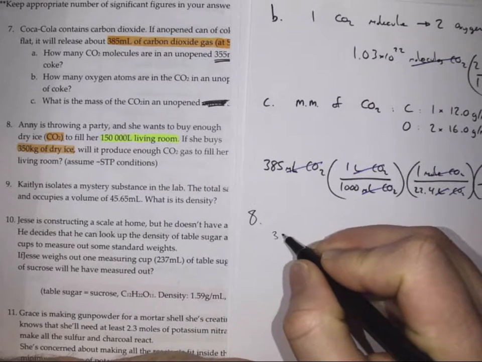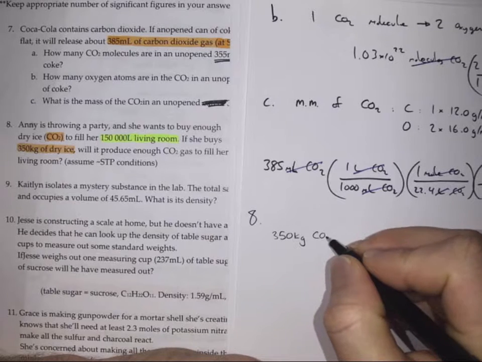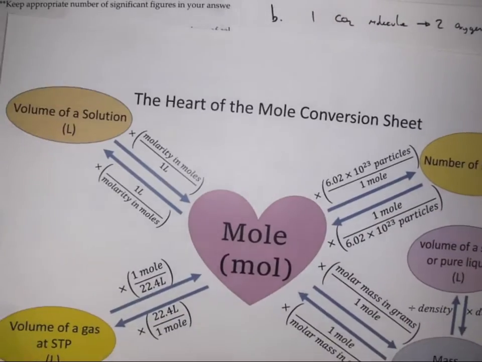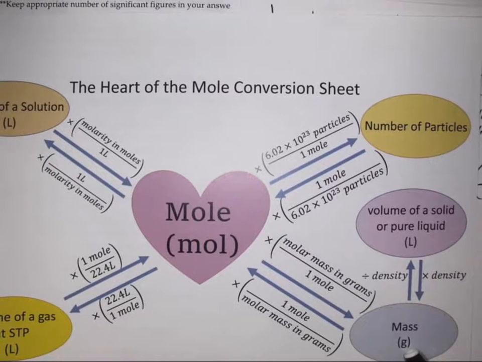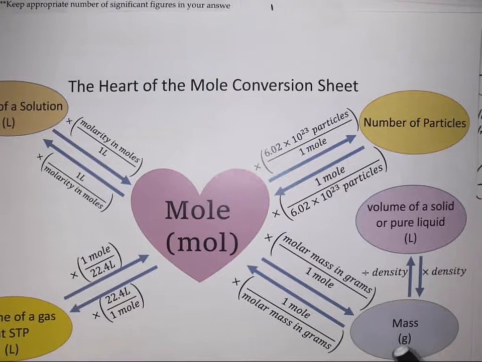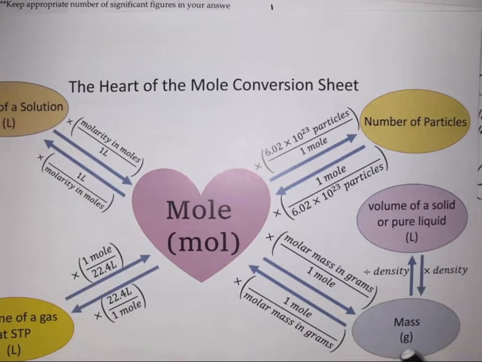Okay, so we'll start with 350 kilograms of dry ice, which is carbon dioxide. Now we tend to have units on our half of the mole sheet, and that implies usually the sort of unit that you want if you're going to begin. And so if we want to start down here, we're going to need to start by converting our kilograms into units of grams.